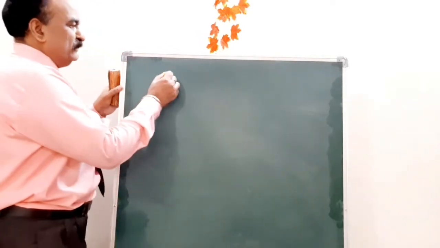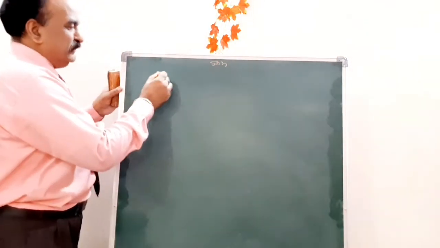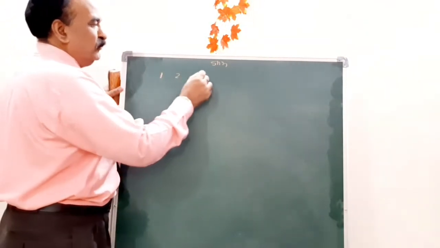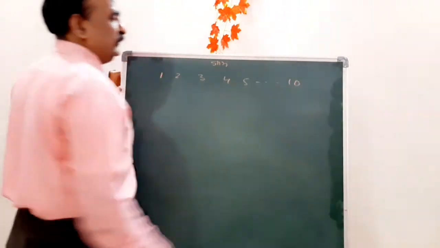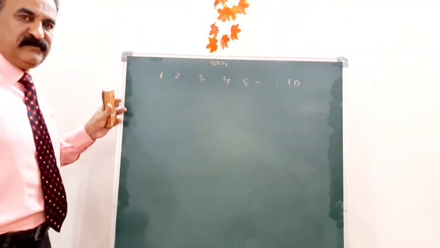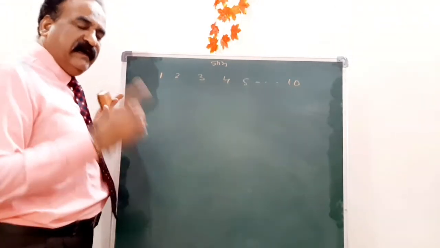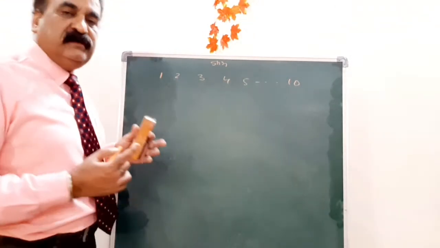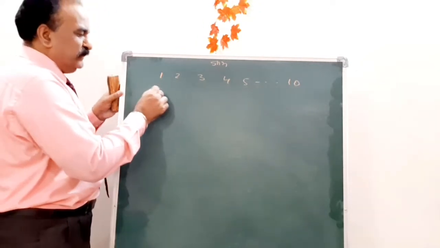Suppose I am writing here 1, 2, 3, 4, 5 dot. This is the first 10 natural numbers. And now suppose we have to find the sum. A great mathematician, Dr. Gauss, has given one formula to find the Sn.